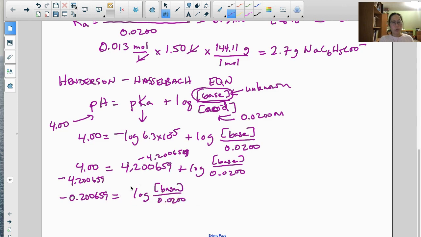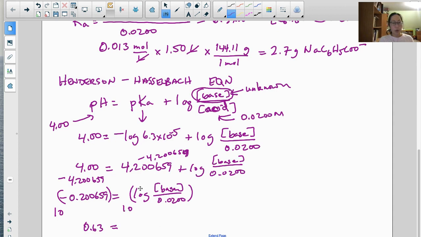Now, in order to get rid of this log, we're going to have to raise 10 to both of these sides. So this is 10 to the minus 0.2. I'm going to first do that, and I end up with 0.63 on this side.